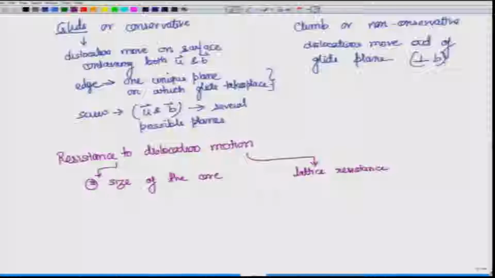So, size of the core. So far we thought that there is a particular size of the core, we had defined it, but those were just simplifications. In reality, when you look at the structure, the core size can be understood in terms of how much strain it is experiencing. So, for example, there is something called the width of the core. What is width of the core?